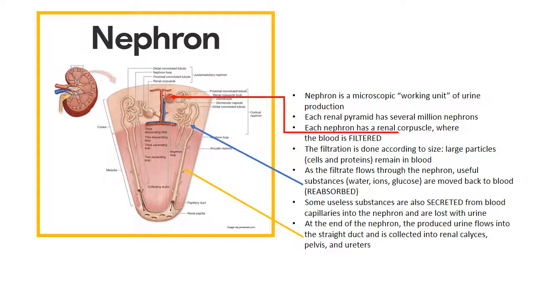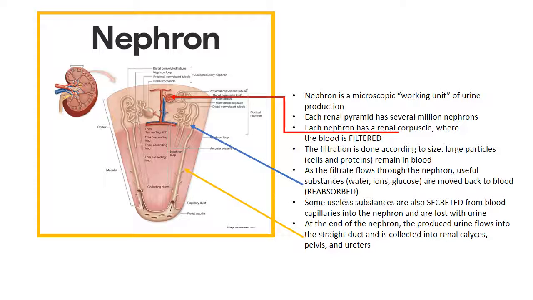But some substances that our body has no need for, for example, drugs, like medicines that you take, are deeply foreign to the body and are not part of our metabolism. So the blood gets rid of them. They are secreted back from the blood into the tubules of the nephron and lost with urine.